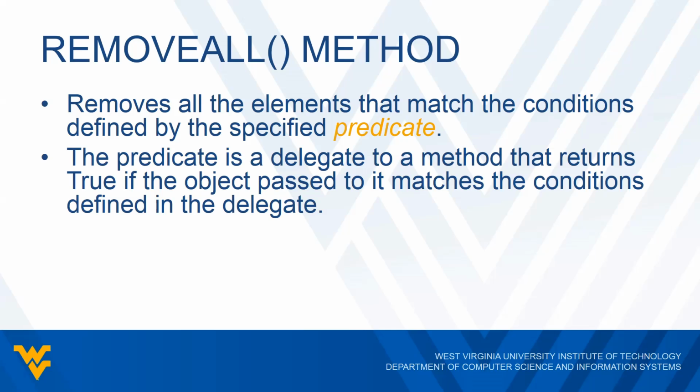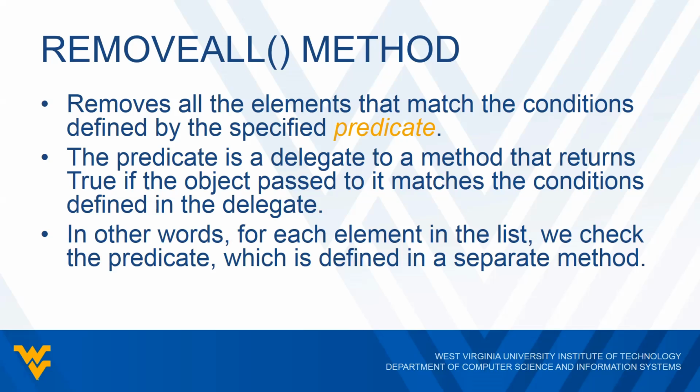So think of the predicate as a delegate to a method or a function. We're going to see some examples of how this works, but we're basically saying that we have this function or method off to the side that's going to return true if the object that we pass to it matches the condition that's defined in this delegate, and it's going to return false otherwise.